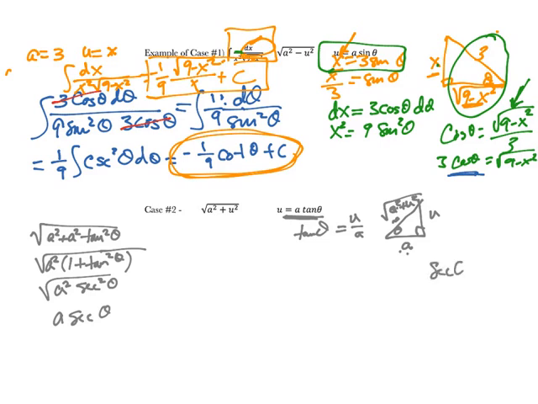So that's secant of theta equals square root of a squared plus u squared over a, or a secant theta equals the square root of a squared plus u squared. I see. Let's look at an example.